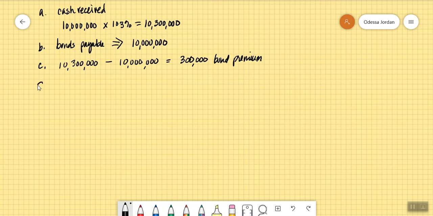So we go to D, and what they want us to do is to D1, calculate the cash paid in interest. All right, so we take the amount of the bond, which is $100,000, times, and they gave us this amount.